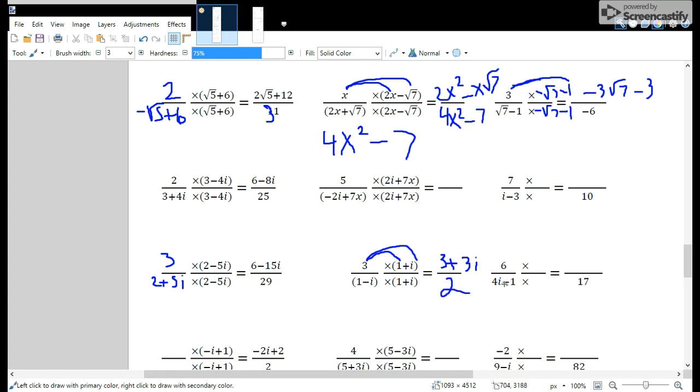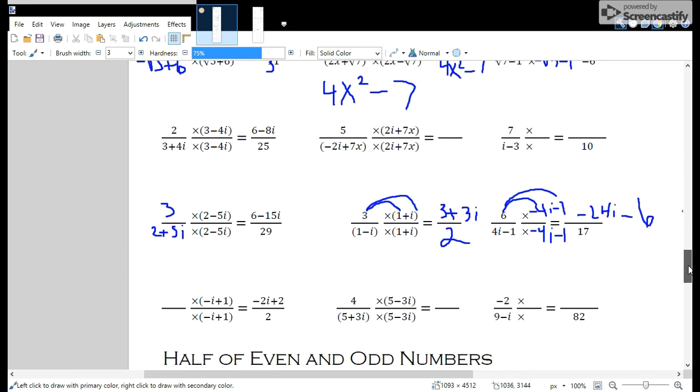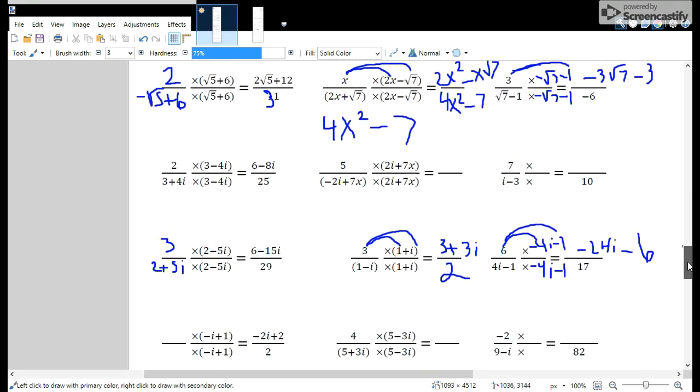And the last one, our conjugate of 4i minus 1 is negative 4i minus 1. Distribute, multiply each term by 6 to get negative 24i minus 6. Do the rest of these on this page on your own or in your groups.